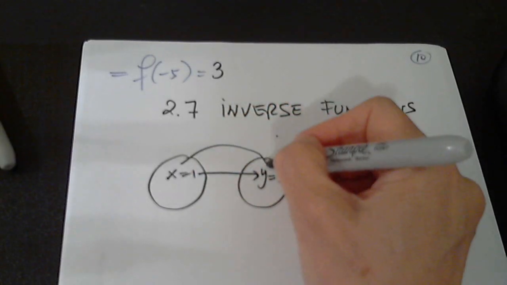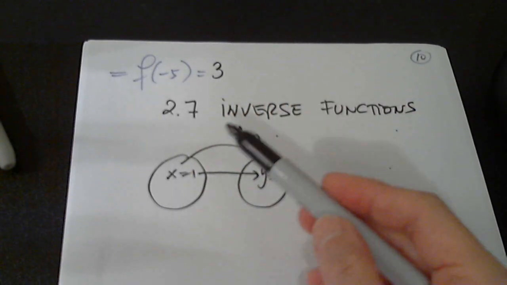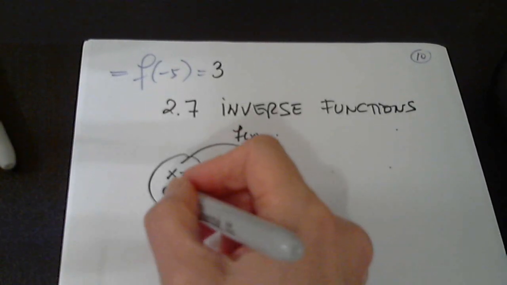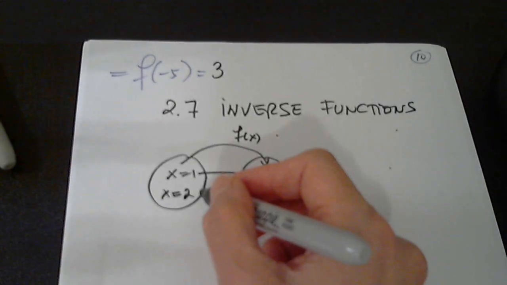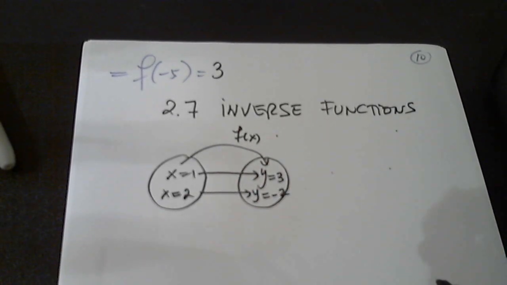And this is the function f of x. If I apply this function to 1, I get the value 3. If I apply this function to 2, I get the value y equals -2, and so on and so forth. And I have function f.